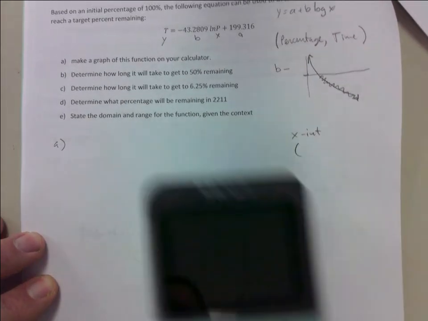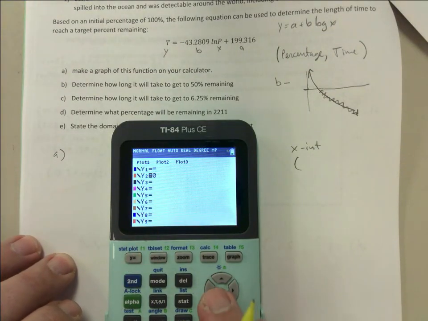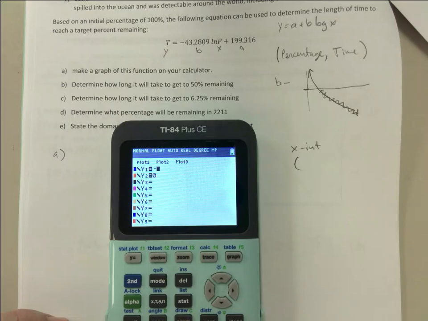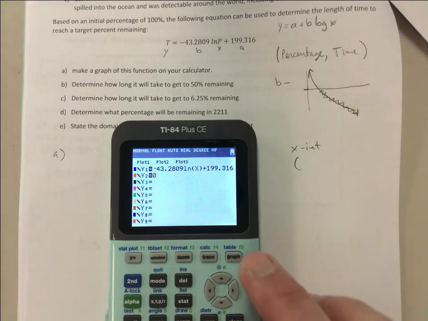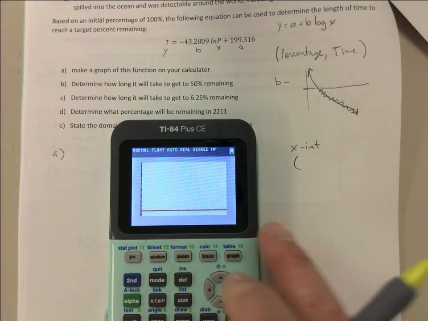Let's find it together. I'm going to type in that equation. Whether or not you follow me, that's on you. 43.2809. It's natural log, so make sure you get that. Plus 199.316. No matter how scary they look, you just do what needs to be done, okay?